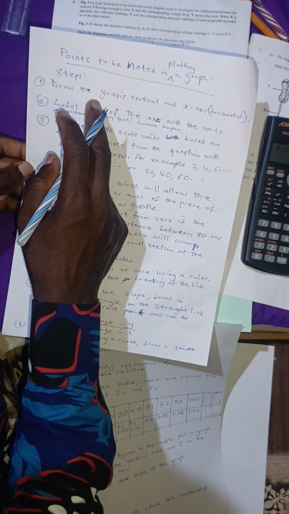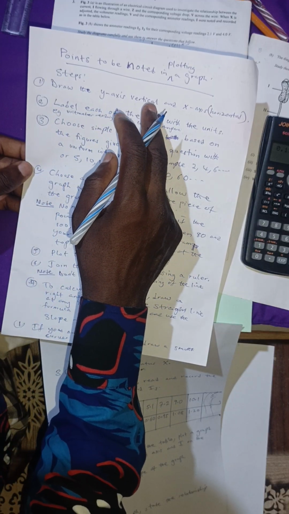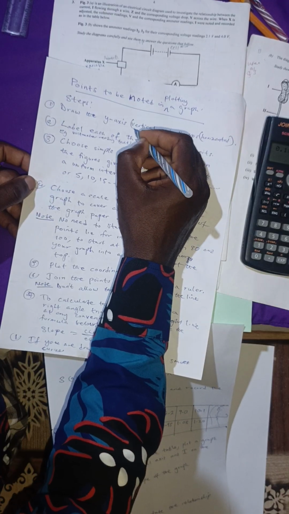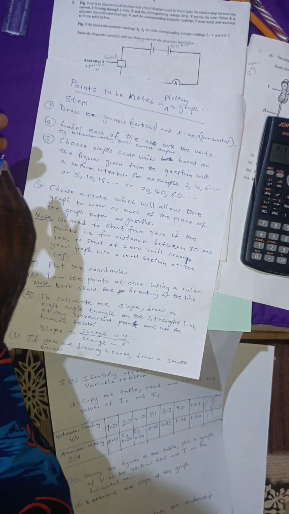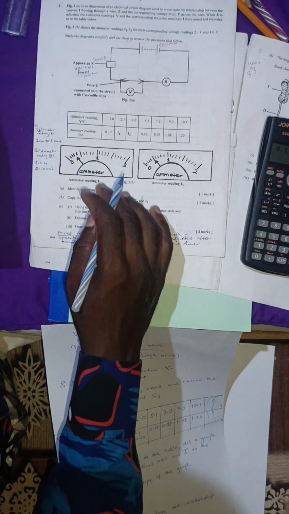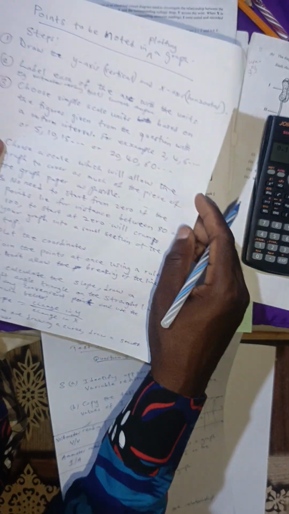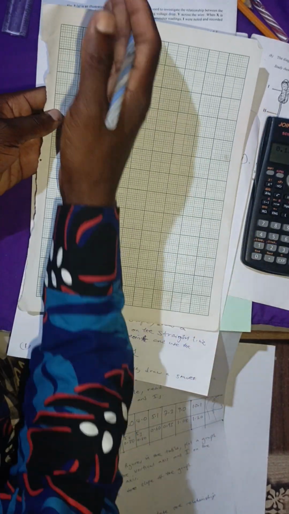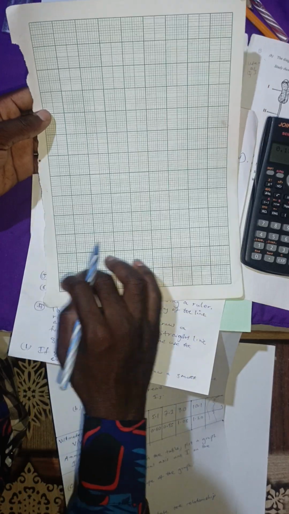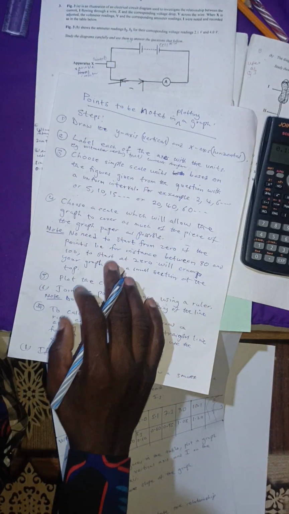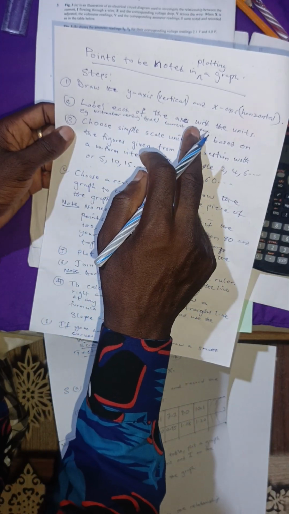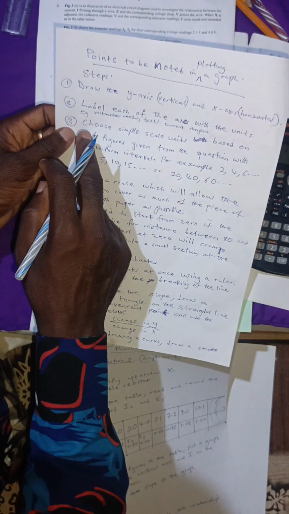Steps: 1, draw the y-axis vertical and the x-axis horizontal. Since here we are given voltage and current, we can use those instead, but we have to understand that the y-axis is the vertical and the x-axis is the horizontal. 2, label each of the axes with the units.